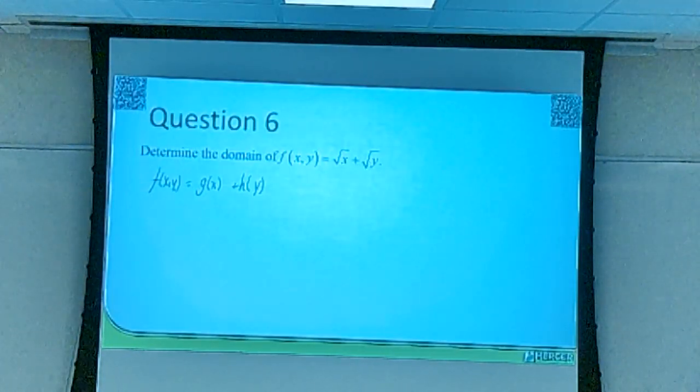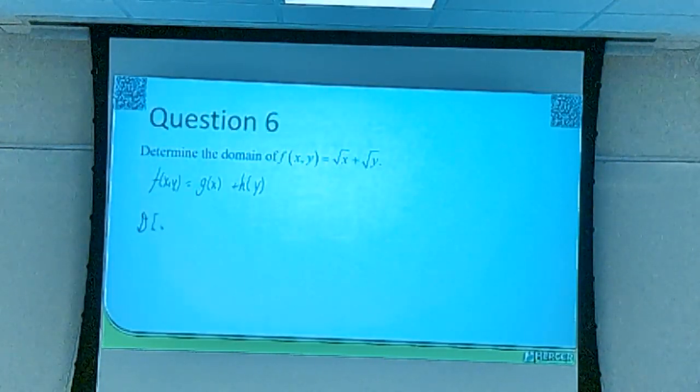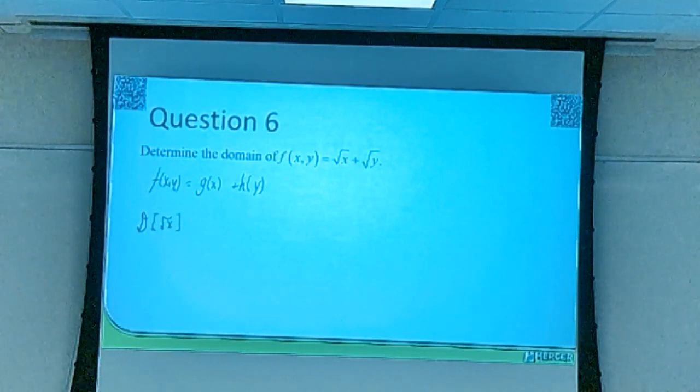What's the domain for root x? I guess x is greater than 0.